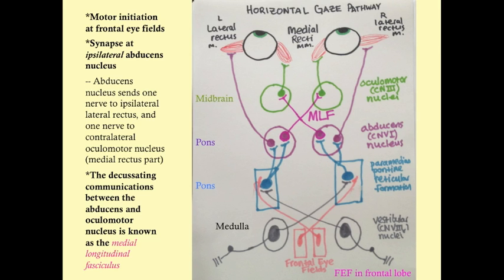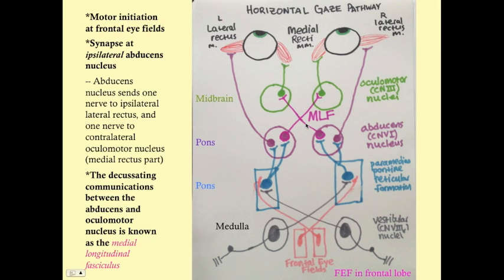Now, what do we consider the right MLF and the left MLF? It's going to be where it synapses. So the MLF that synapses at the left oculomotor nucleus is considered the left MLF, this part right here. And the right MLF is going to be this part right here.